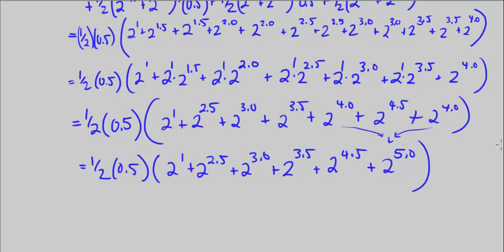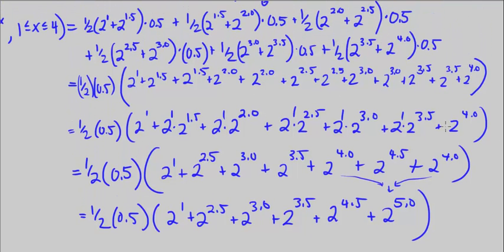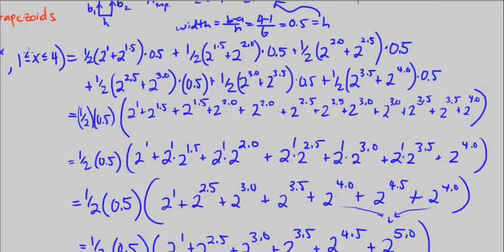So what do we notice? I guess the interesting thing to note is that for a trapezoid, we're adding in this half in front, right? For the rectangles, we didn't have this half, but we're also multiplying like 2 of each of these, right? Or we're adding in the height twice, or the base length twice.